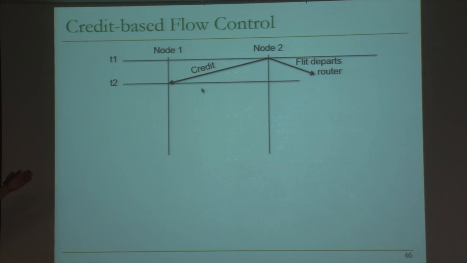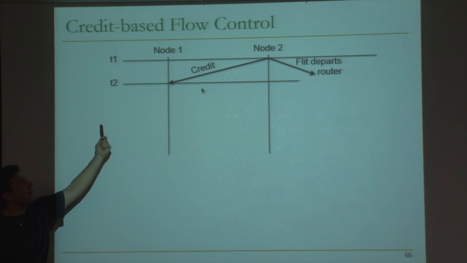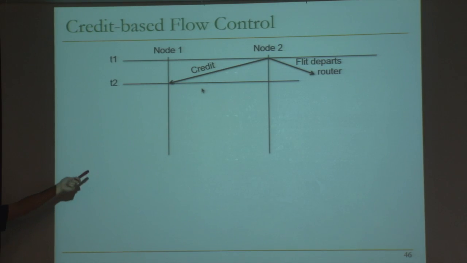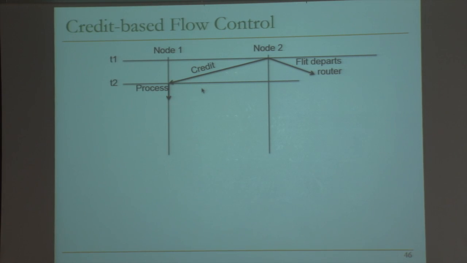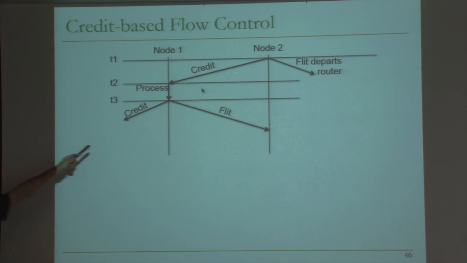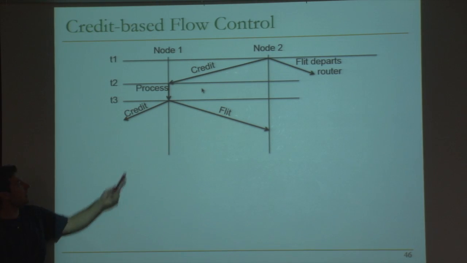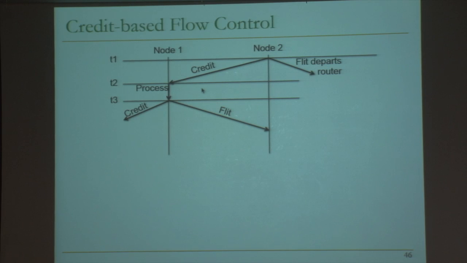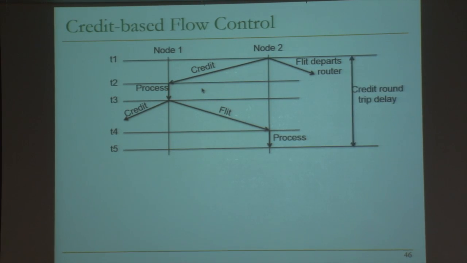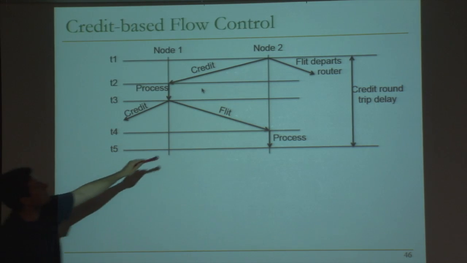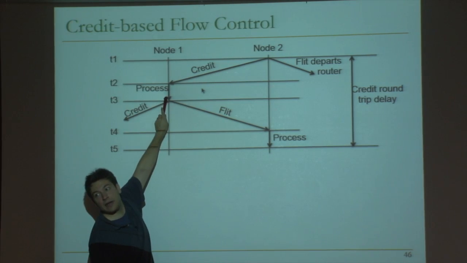So he starts sending those, and at the same time, he sends a credit back to node 1 telling him, hey, I have more space now, something freed up. Node 1 processes that credit. He updates his structures. He does some new scheduling to see what he's going to send next. And then he sends a new flit to node 2. And he also sends a credit to the router behind him to tell him that he has more space, right? So by the time node 2 gets a new flit, he processes this to see if he's going to send another credit back.